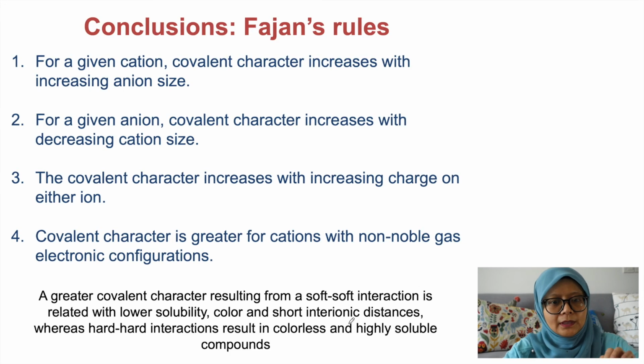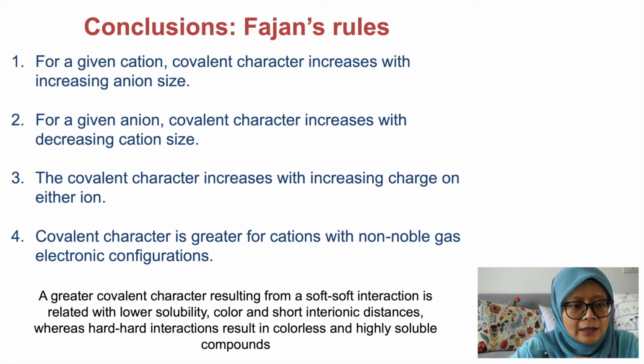And then the conclusion for Fajan's rule. First, for a given cation, covalent character increases with increasing anion size. For a given anion, covalent character increases with decreasing cation size. The third one, covalent character increases with increasing charge on either ion.